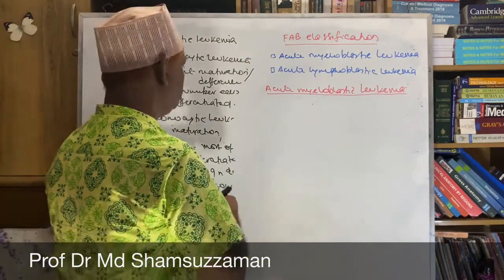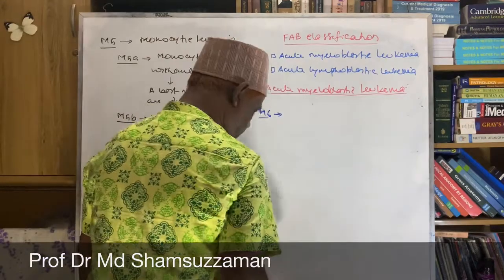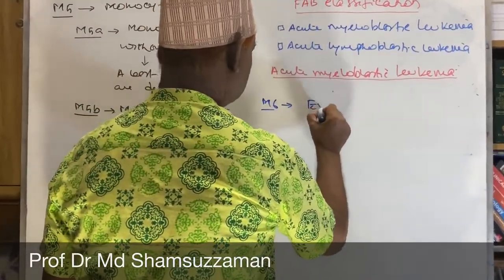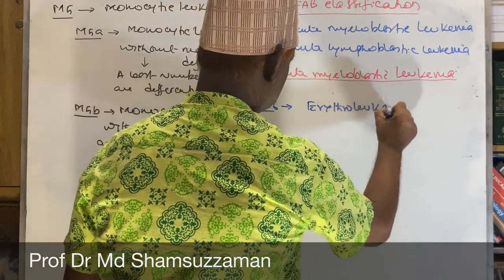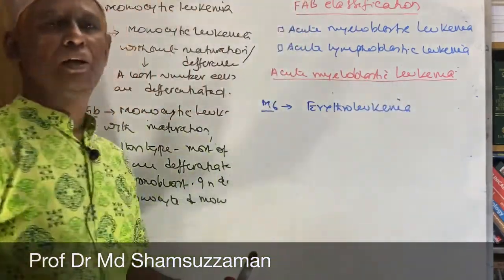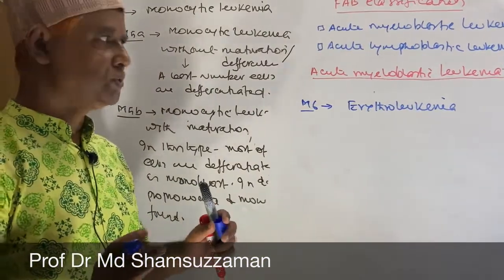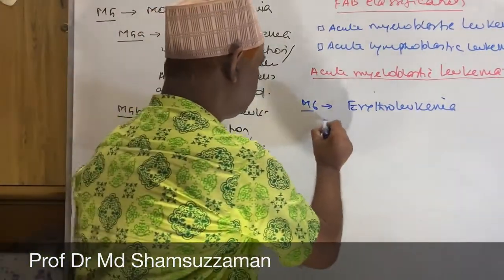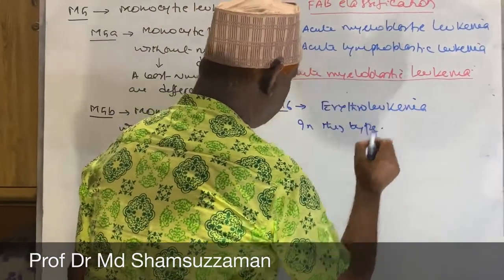Then M6, it is called erythroleukemia. That is, it is the leukemia of RBC series. In this type, what will we get?